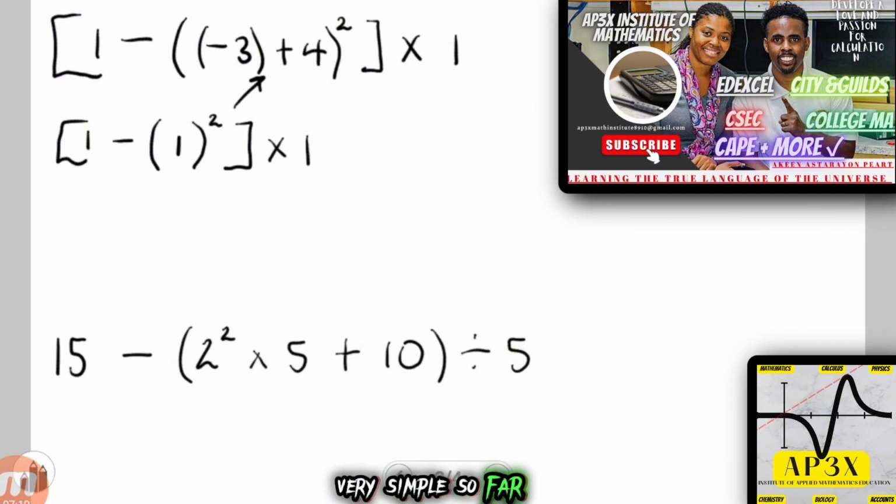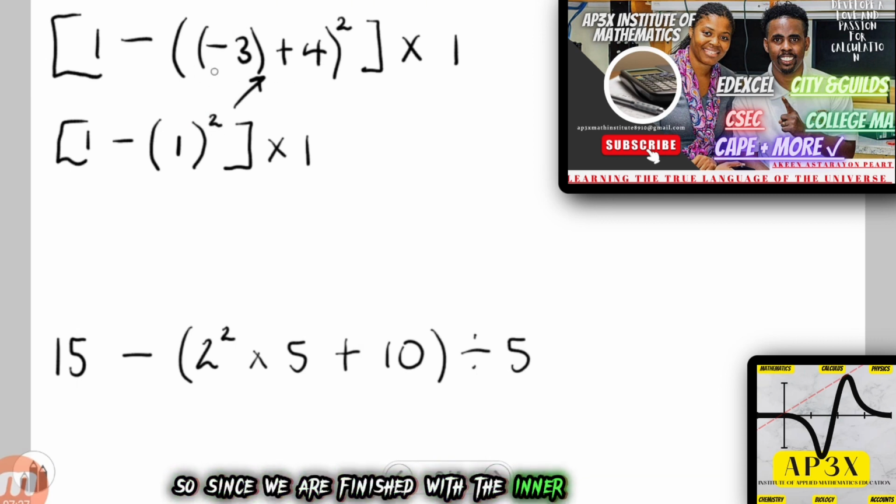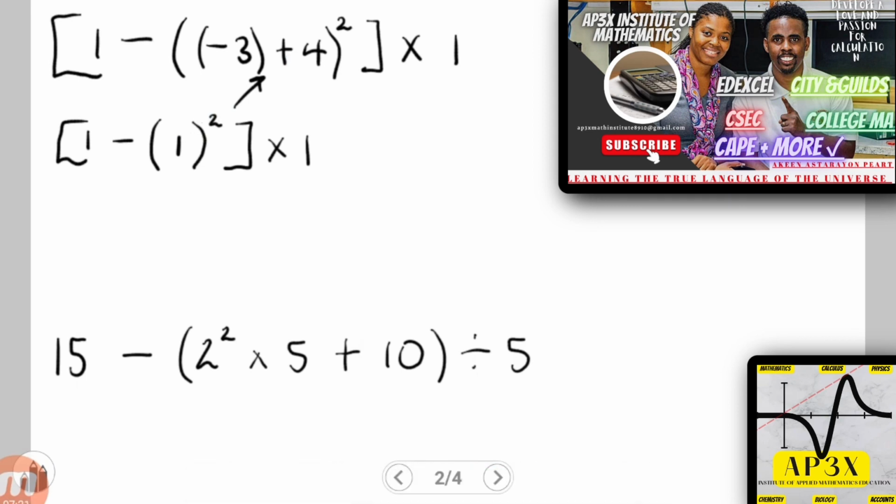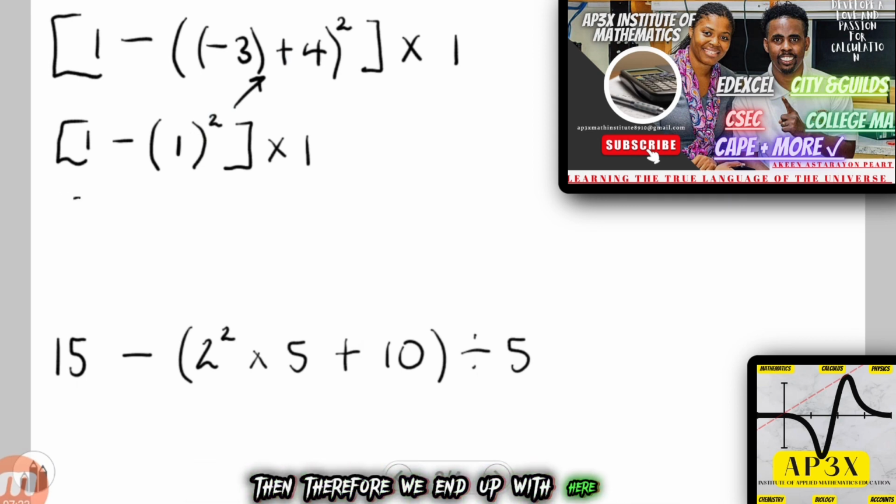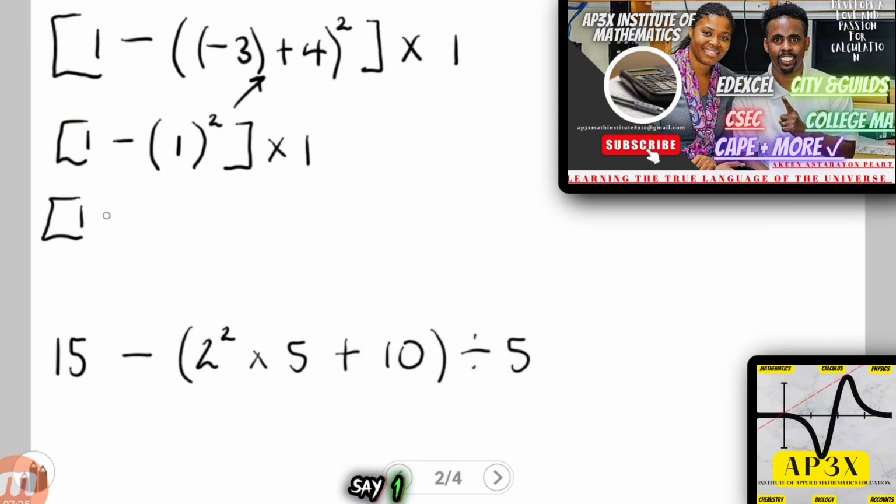Very simple so far. Next, we now have one single value here, but it is squared. Since we're finished with the inner parenthesis, we're then going to go to the exponent. So then we end up with 1, take away 1 squared, which works out to be 1, close the square bracket, multiplied by 1.